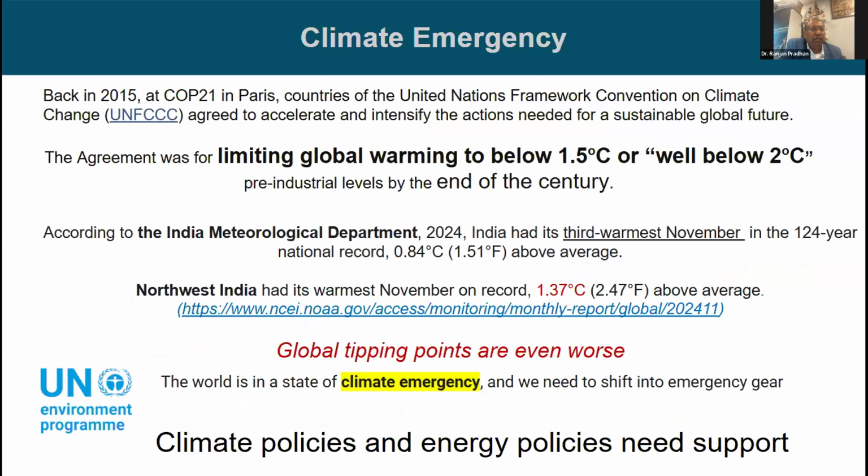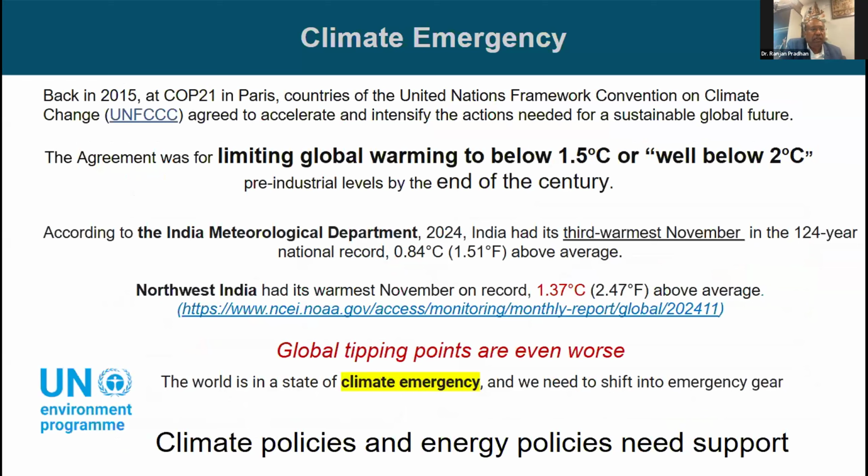So back in 2015 at COP21, the agreement was established that we'll be going for limiting global warming to below 1.5 degrees centigrade or below 2 degrees centigrade relative to pre-industrial level by end of the century. Please note the end of the century target.